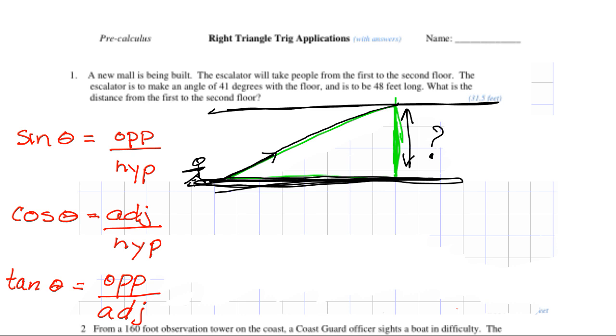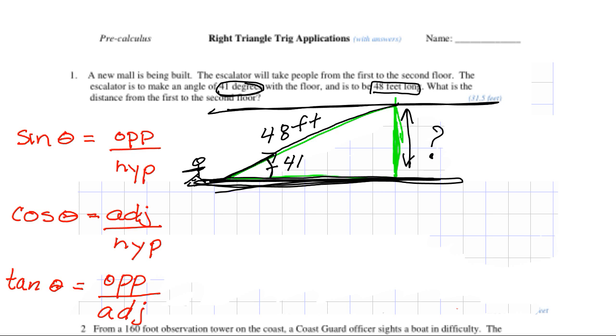Well, it tells us the escalator is making an angle of 41 degrees with the floor. So this angle is 41 degrees. It says the escalator is 48 feet long. So the hypotenuse is 48 feet.